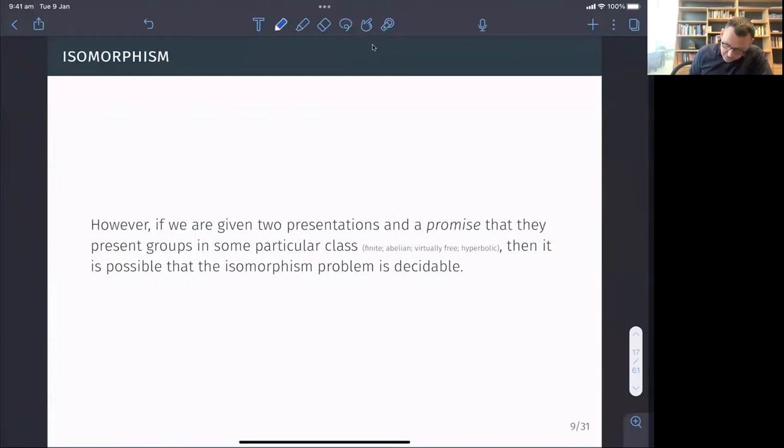If we're given two presentations together with a promise that they're in some particular class of groups, maybe hyperbolic groups or virtually free groups or something, then it is possible that the isomorphism problem is decidable. You're not going to contradict any of these general undecidable problems if you have this additional information.